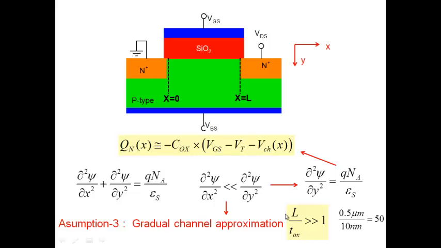When people scale the channel length to make the MOSFET smaller, to pack in more transistors per unit area and to increase speed, you have to scale the T oxide also. If you don't scale T oxide, your MOSFET will not behave properly and the characteristics will get distorted. So L by T oxide has to be maintained at a reasonably high value, 30, 40, around that.